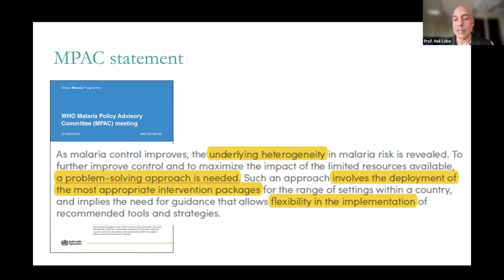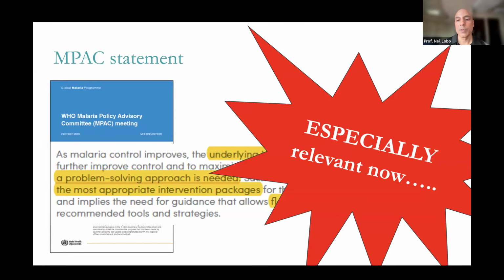Understanding this is the basis of the entire ESPT, of this entire three days of training. So we want to be flexible. This is especially relevant now with the global decreases in funding for malaria. We have less money, less resources.